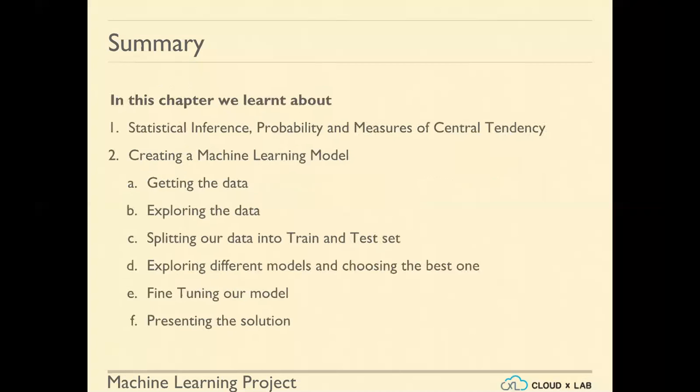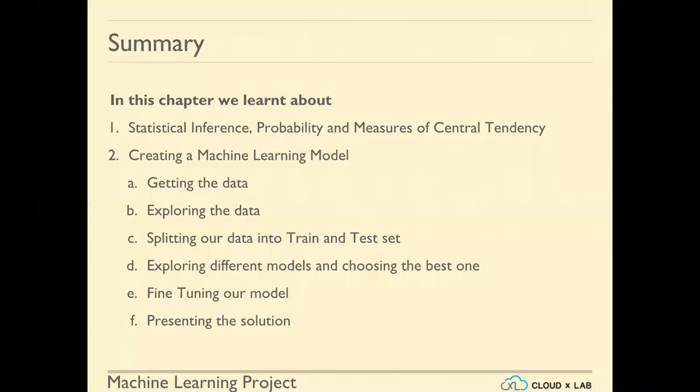All right. So this is the rough sketch of things that we did in this session. We first studied statistical inference. We also learned about probability, measures of central tendency, and so on. And then we learned how to create a machine learning model: getting data, exploring data, splitting our data into test and training, exploring different models and choosing the best one, fine-tuning our model, and presenting our solution.